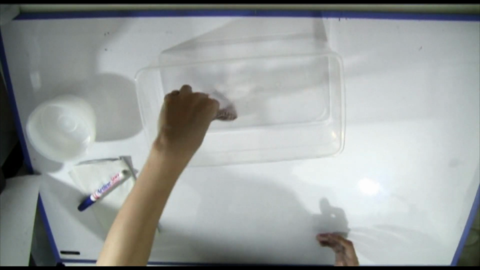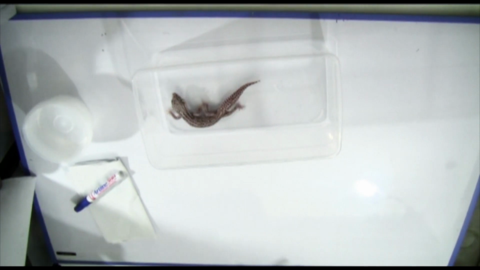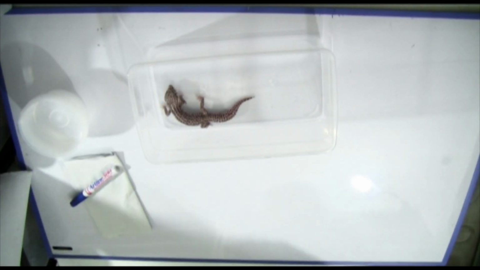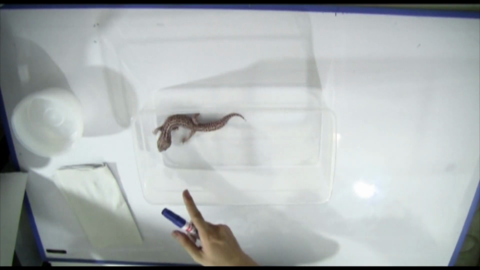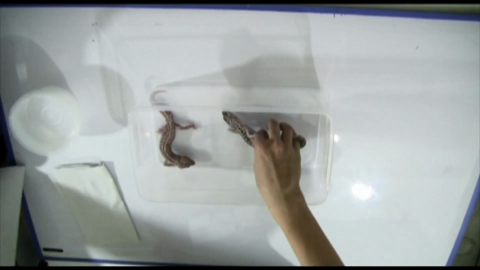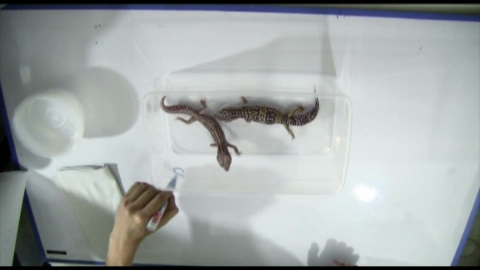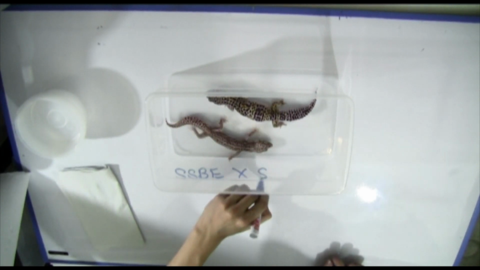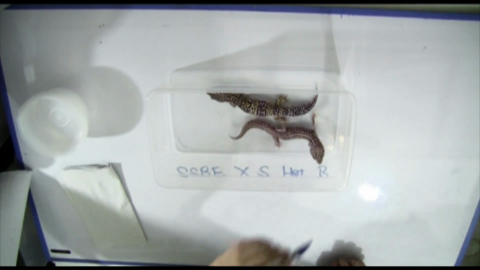Let's just use him as a male now, and let's say we'll be pairing it to a snow. This is a super snow bell enigma, and here we have a snow het bell, max snow het bell. So a super snow bell enigma paired to a snow het bell.